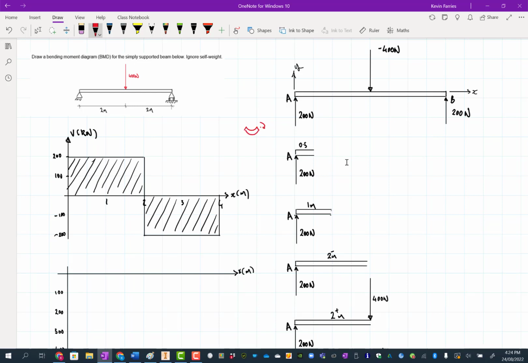So positive for the moment is like so. That's positive. And for shear, yep, that's right. It's that way. Up, left, down, right.